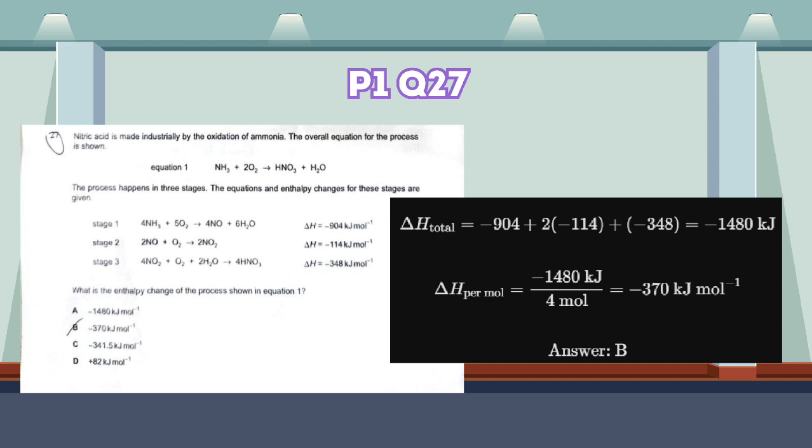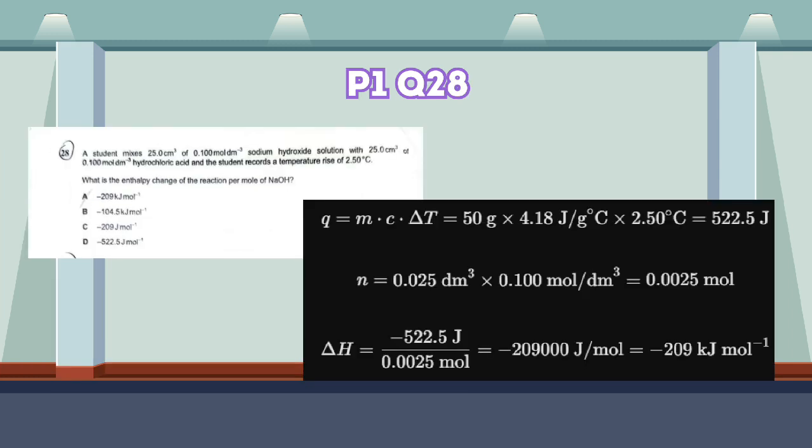We use delta H total equals minus 904 plus 2 times minus 114 plus minus 348 equals minus 1,480 kilojoule. And for delta H per mole, we divide it by 4 mole equals minus 370 kilojoule per mole. The answer is B.